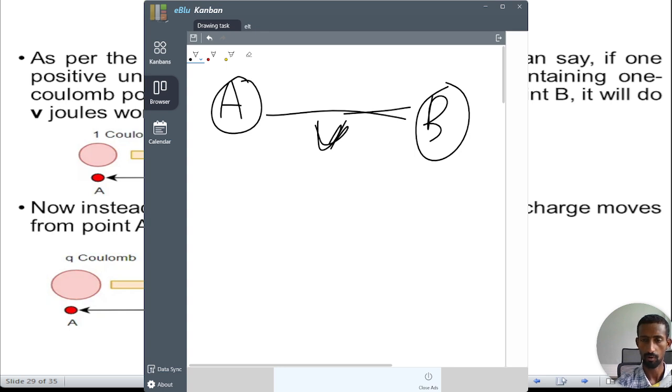If one coulomb of charge is moved from point A to point B, the work done by this one coulomb charge will be V joule. But let's say the charge at point A is Q instead of one coulomb.